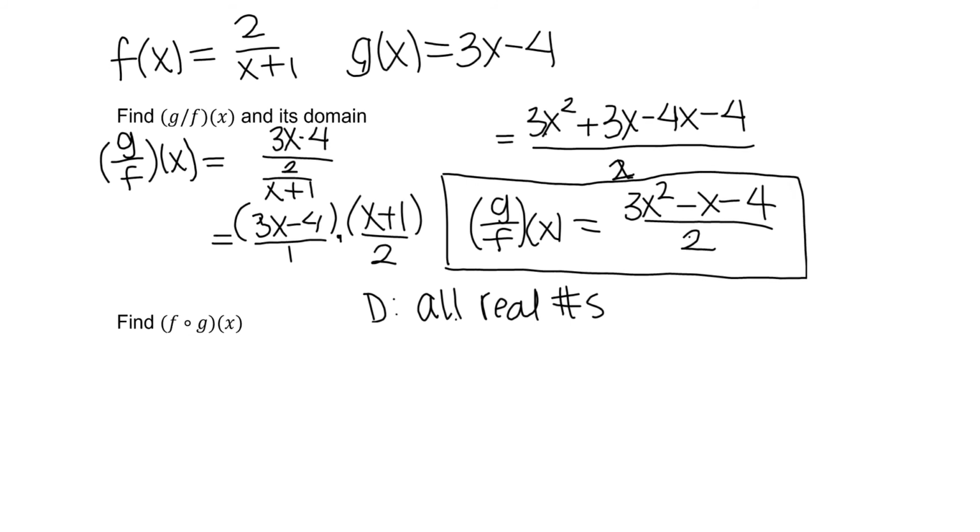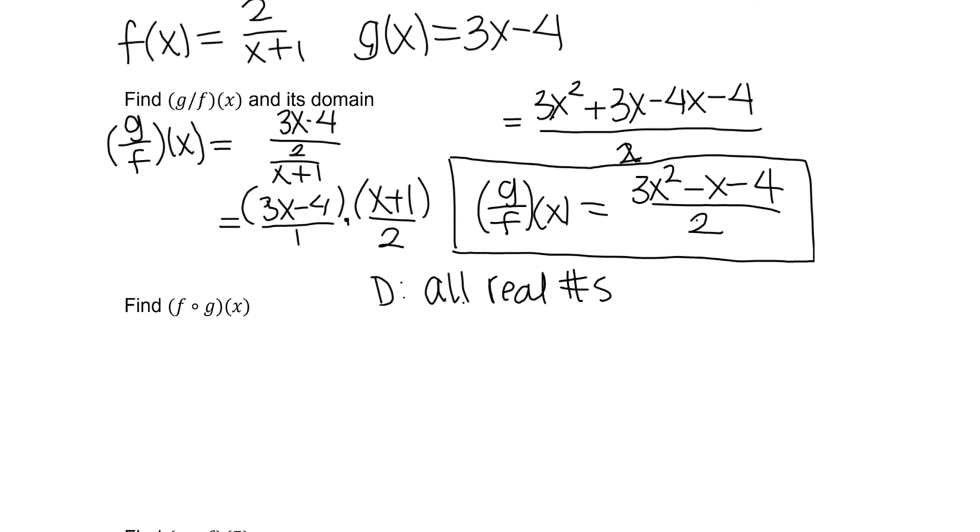Next example is composition. So we want to find f of g of x. As a reminder, composition is evaluating a function with a function. So if I want to find f of g of x, whatever is written second, you replace the variable in the first function with that function. So f of g of x has to take my function g and plug it in for every x that appears in f.